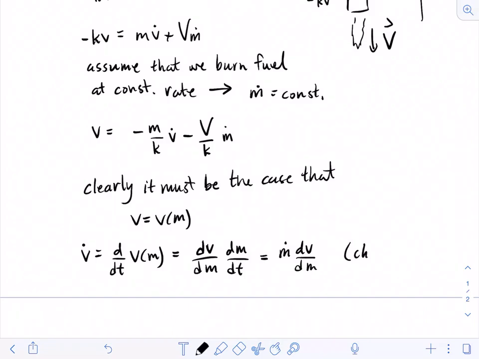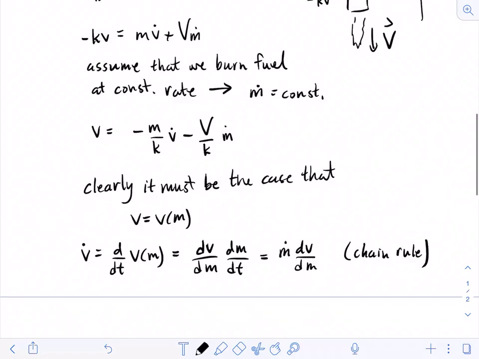So this is by chain rule. This is going to be useful because then we'll have an m dot in both of our terms on the right-hand side. And we've already assumed that m dot is a constant. So let's make that substitution.